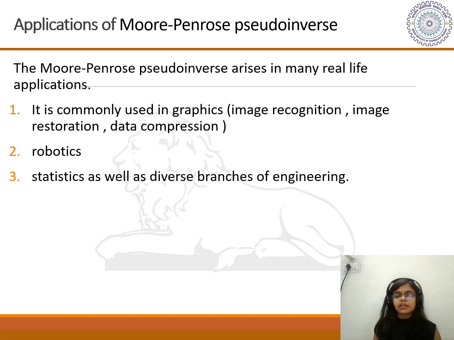In graphics, specifically talking image recognition, image restoration, data compression, etc. Next is robotics. The pseudo inverse has various applications in the field of robotics. Next is statistics, as well as the different branches of engineering that obviously make use of mathematics and the pseudo inverse.